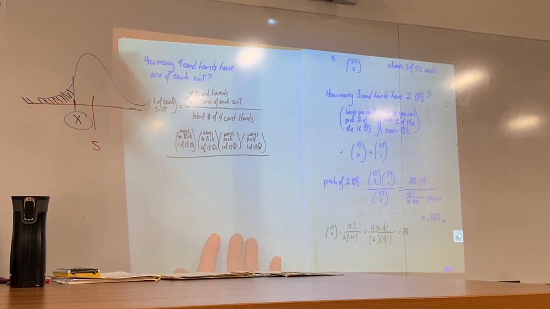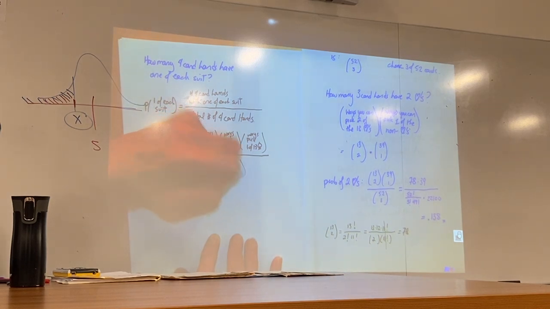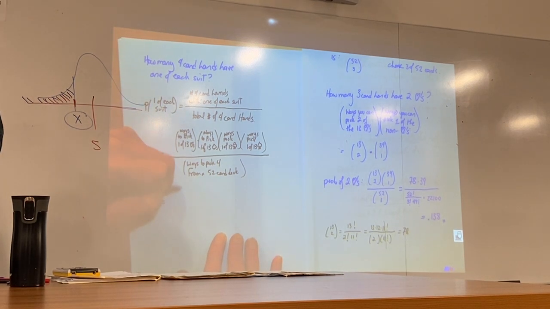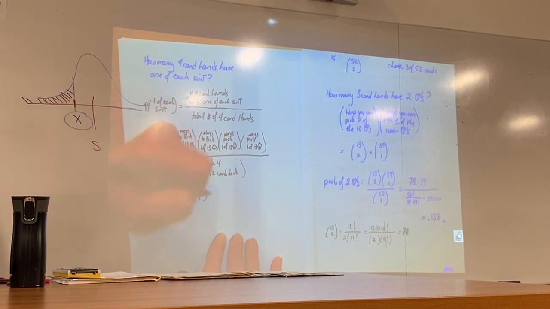Divided by the total number of ways to pick 4 from a 52-card deck. In other words, 13 choose 1 four times, all divided by 52 choose 4.